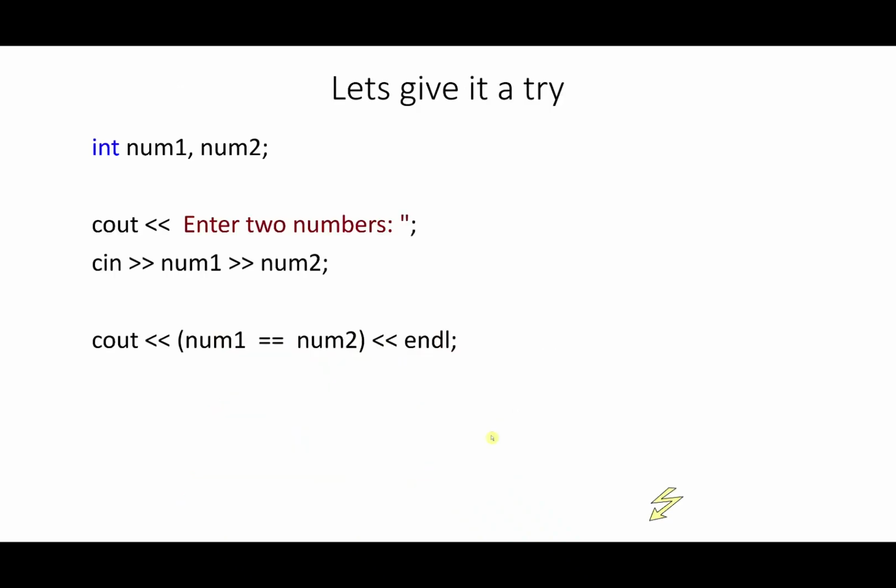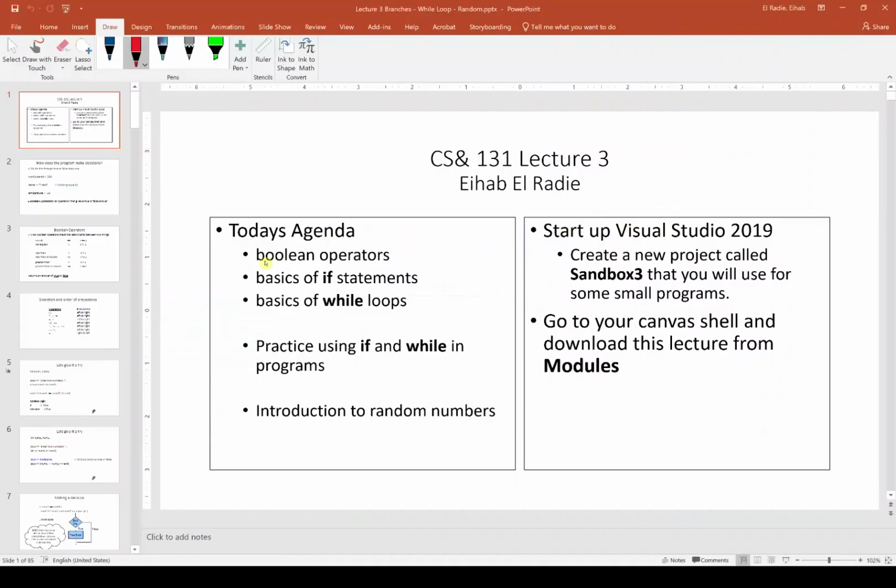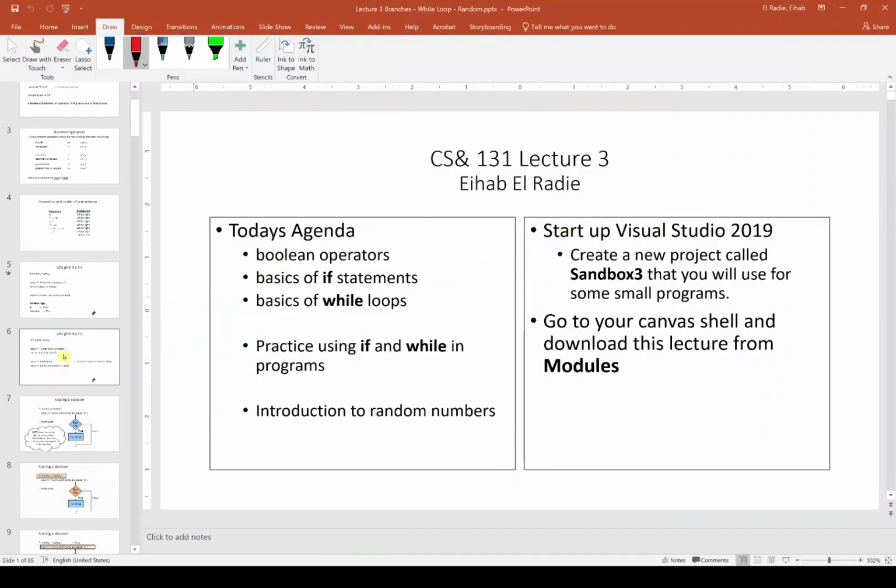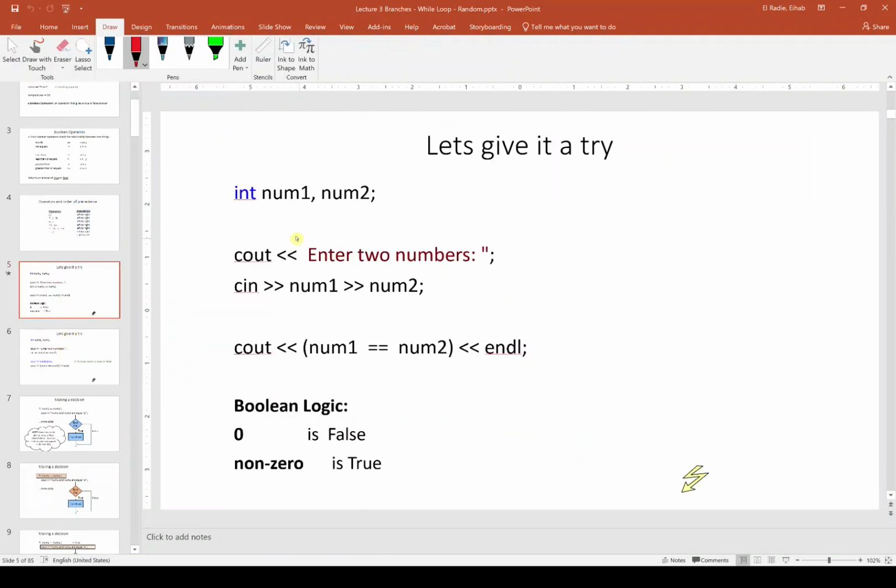Okay, so let's give this a try. I'm going to try things and show you the effect of those and what is the outcome of each of those. So let me just go and copy this code. Here is the code.